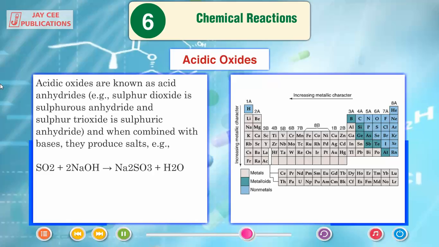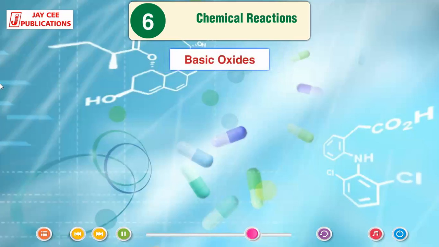Acidic oxides are known as acid anhydrides. For example, sulfur dioxide is a sulfurous anhydride and sulfur trioxide is a sulfuric anhydride, and when combined with bases they produce salts. Example: SO2 plus 2NaOH gives Na2SO3 plus H2O.